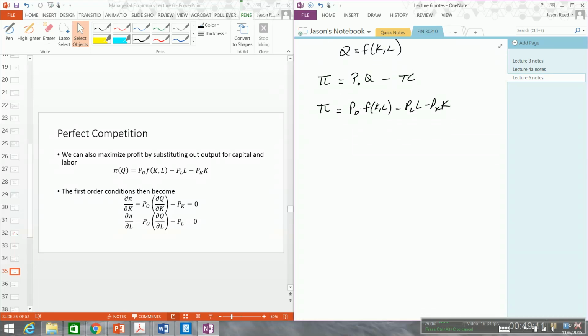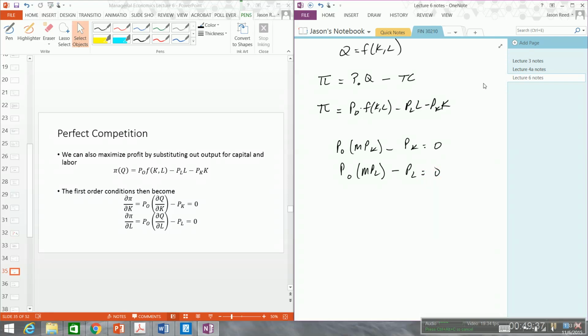So when we take our first order conditions, we have P sub naught times the marginal product of capital minus the price of capital is equal to 0. And then we have P sub naught times the marginal product of labor minus P sub L is equal to 0.